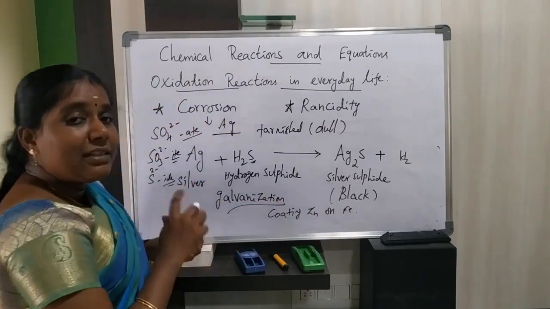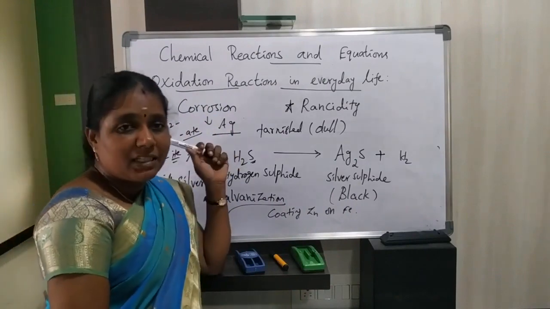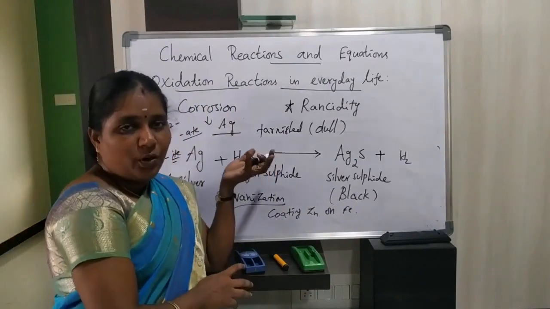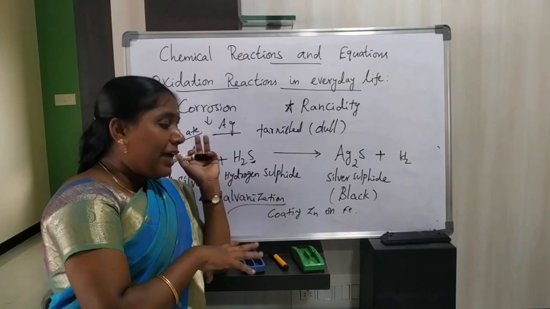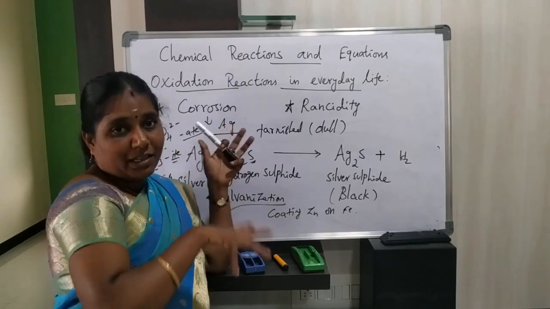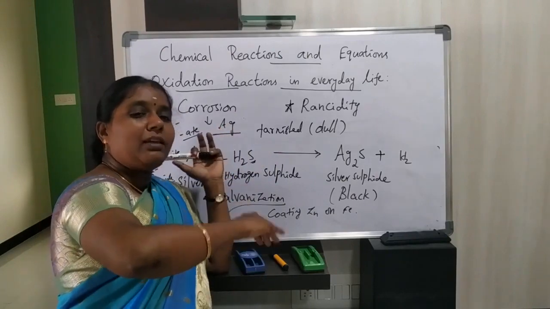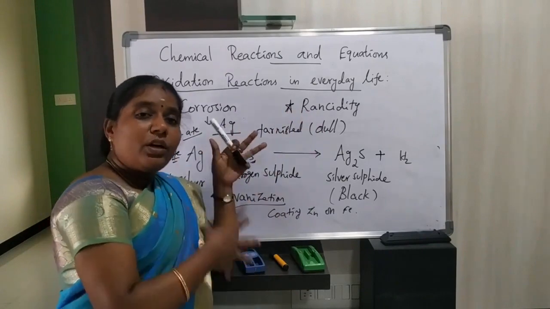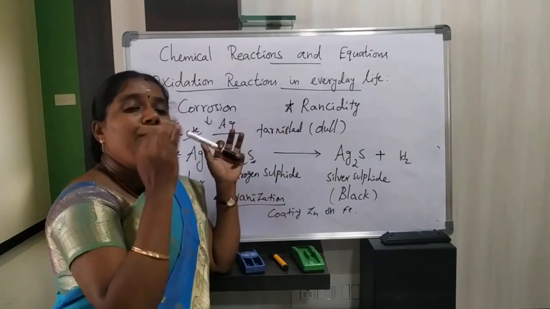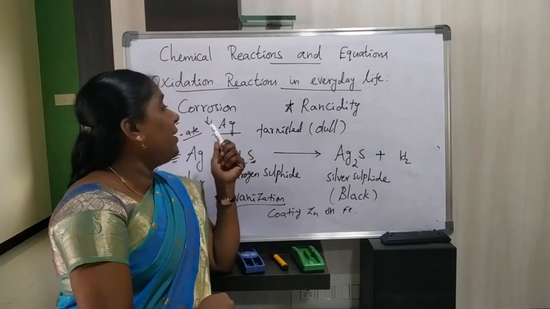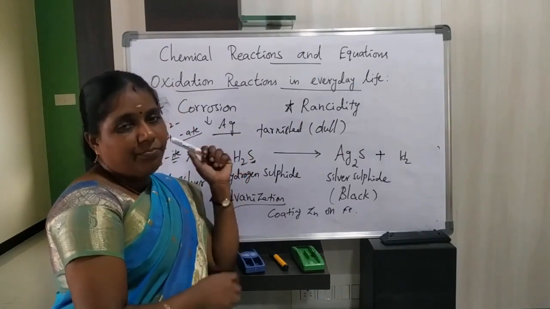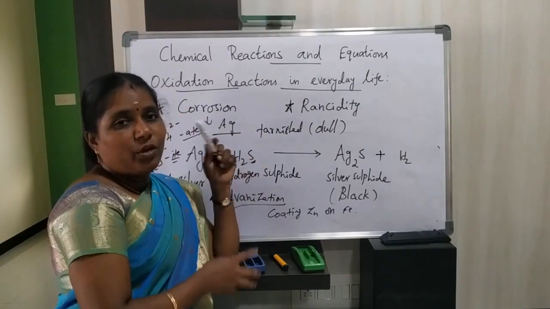Iron is easily rusted, so if we coat zinc on iron objects, we slow down this process. So this is one of the prevention methods to prevent corrosion from air and moisture.